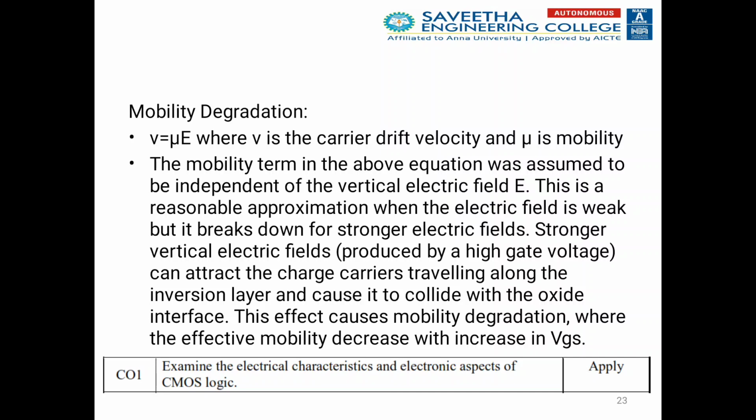can attract the charged carriers traveling along the inversion layer and cause them to collide with the oxide interface. This effect causes mobility degradation, where the effective mobility decreases with increases in VGS.